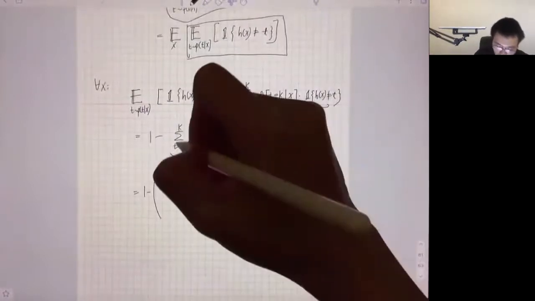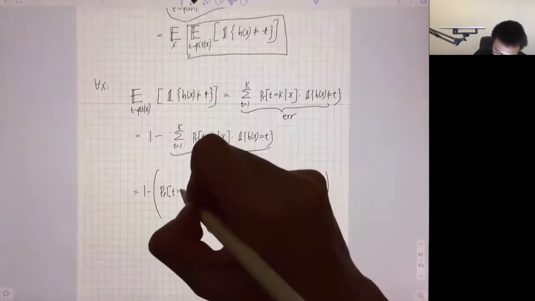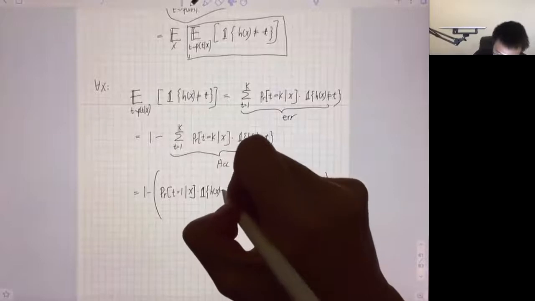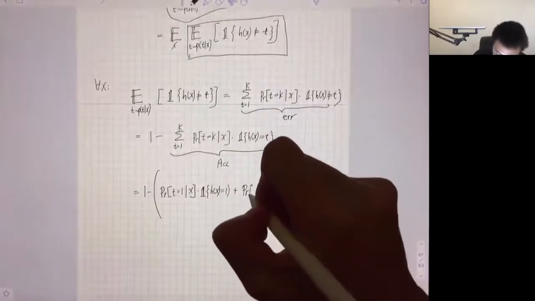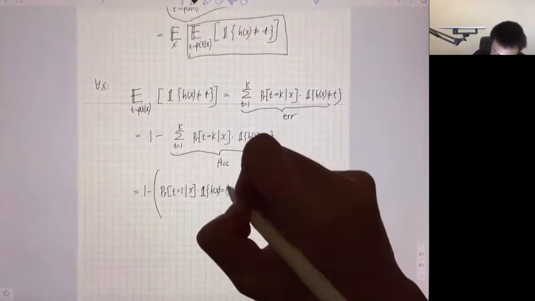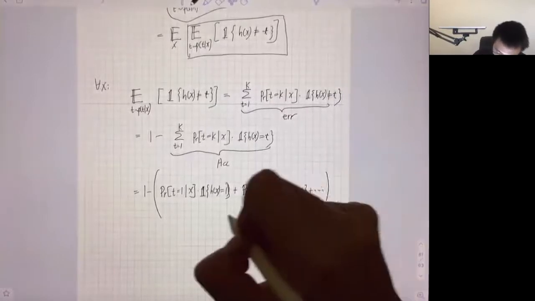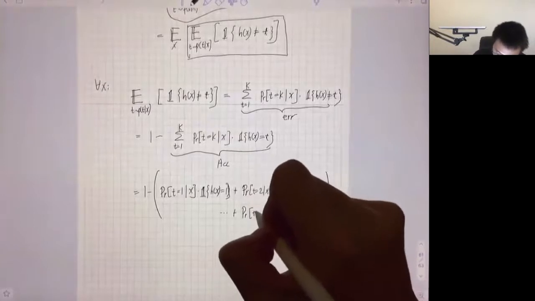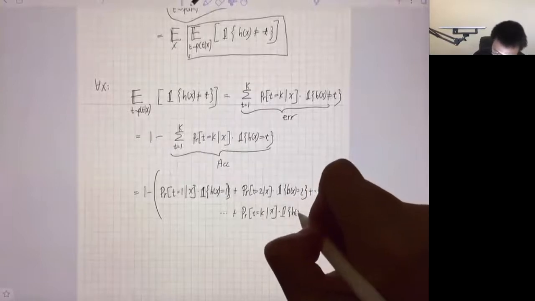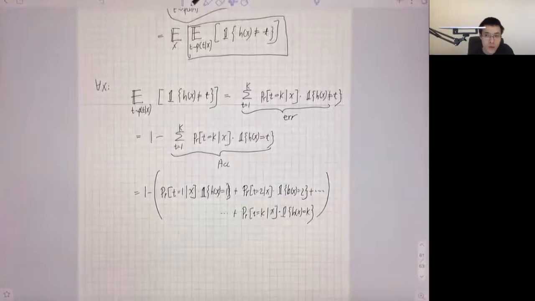Then this term contains k terms, so I would say whether my probability t is 1 given x, times whether my prediction is indeed 1, plus whether my probability t is 2 given x, times whether my prediction is indeed 2, and so forth until my probability t is k given x, times whether my prediction is indeed k. And suppose you are not allowed to do stochastic prediction, you can only do a deterministic prediction.